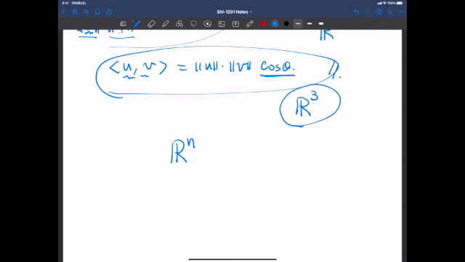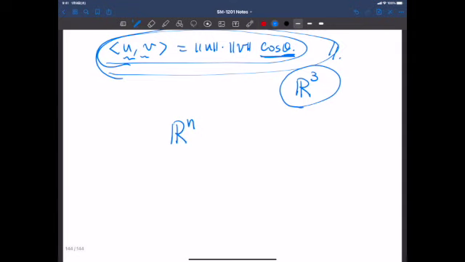Actually, at this point, we change the argument. We kind of reverse the argument so that we actually define the angle in higher dimensional spaces by this equation. Okay?